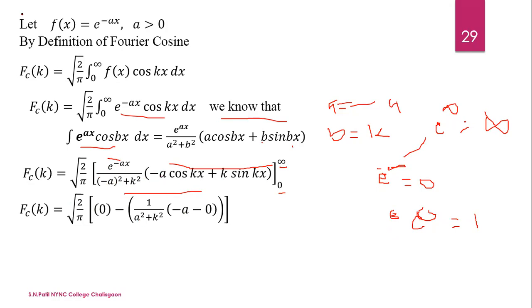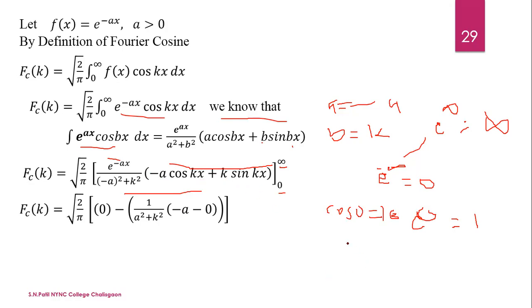Now cos of 0 is equal to 1, so the remaining constant term is minus a into 1, that is minus a.